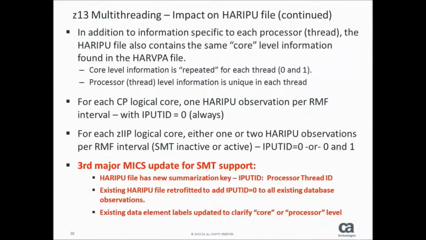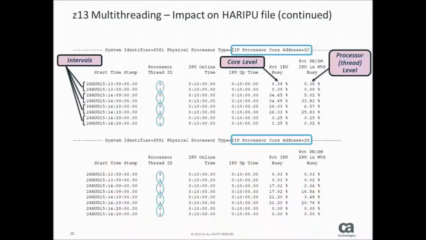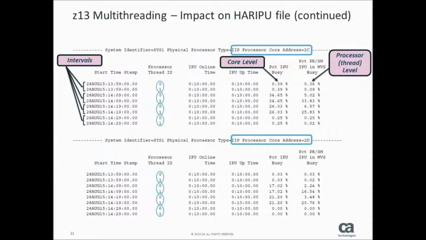So we need to make it clear which elements are core level because we got them from the PR/SM area, and which are processor level because we got them from the updated data we get with SMF 23.